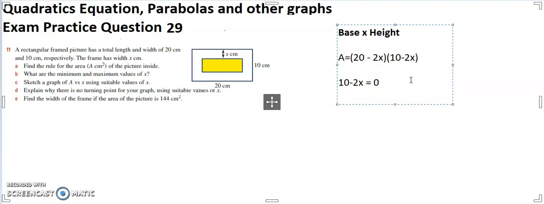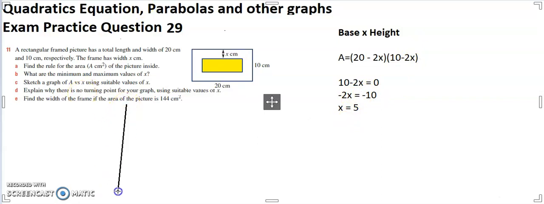I want to get x by itself, so I take 10 from both sides, and I get negative 2x equals negative 10. Then I divide both sides by negative 2, and I get x equals 5. Now, if I look at the other one, I'm going to get a bigger number, but that means if I've got any bigger x than this, I'm going to have one side that is negative, so I can't have that. And that gets us to start thinking about sketching.